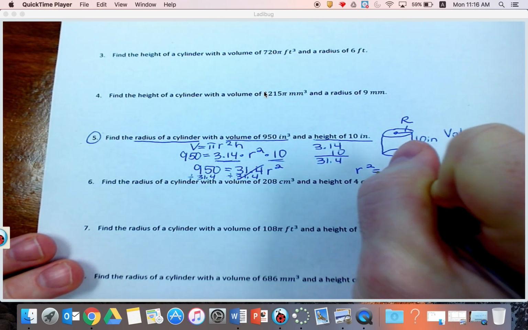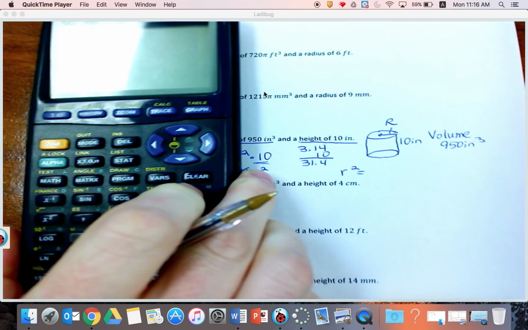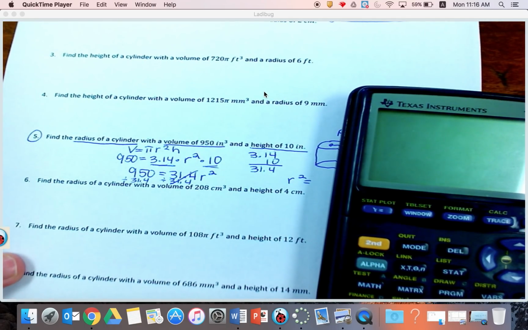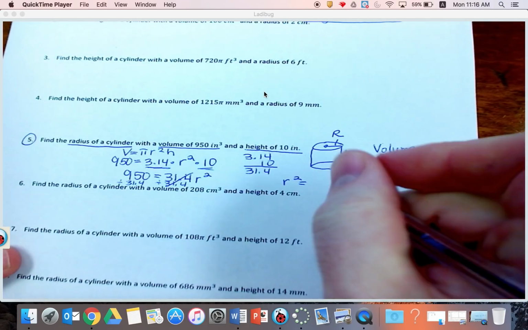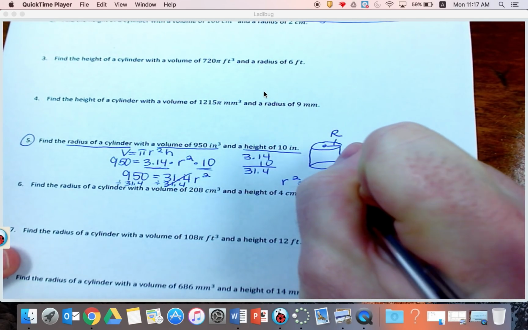and I can find out what r squared is equal to. So I put on my calculator 950 divided by 31.4. Oops. Let's try again. 950 divided by 31.4. And I get 30.25.